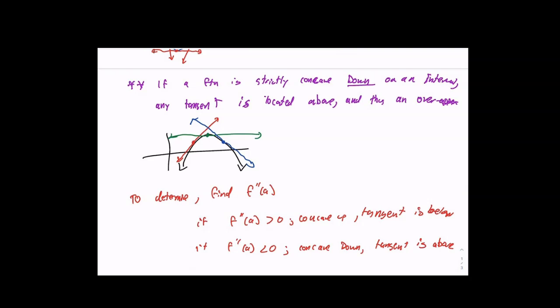Sometimes when you plug in A into the second derivative, you'll get 0. You get no concavity. But if you plug in the other point where you're trying to figure out what it is, that's the point you have to do. Because when talking about whether the function over or under approximates, you have to look over the interval.